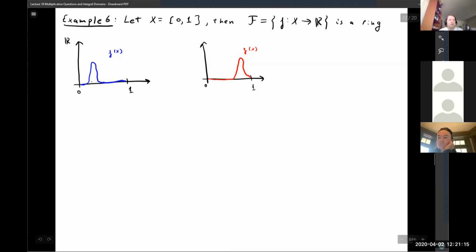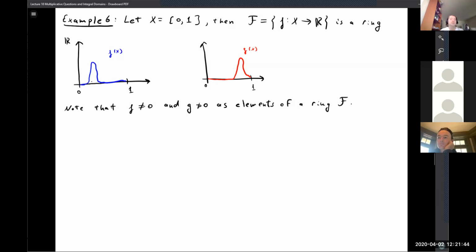So note that f is not 0 and g is not 0 as elements of the ring F. So these are not zero elements. The zero element of the ring F is the zero function, which is 0 everywhere.